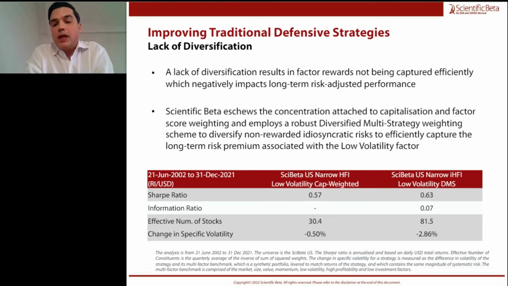And here in this table, we compare our diversification weighting scheme with a more traditional cap weighting scheme that strategists tend to use. And you will see that the effective number of stocks is considerably higher in the scenario of our diversification weighting scheme. And this means that you take less unrewarded risk, less specific risk, less idiosyncratic risk, and this pays back in terms of returns and Sharpe ratio.